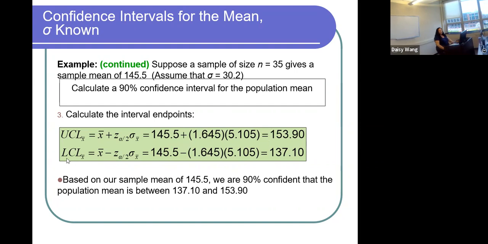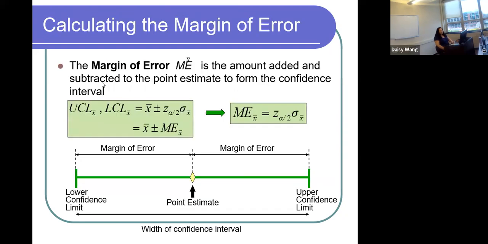And then the lower endpoint will be 145.5 minus 1.645 times 5.105, which is 137.1. So we are 90% confident that the population mean is between 137.1 and 153.9. That part is the margin of error. The margin of error is z times sigma x bar.